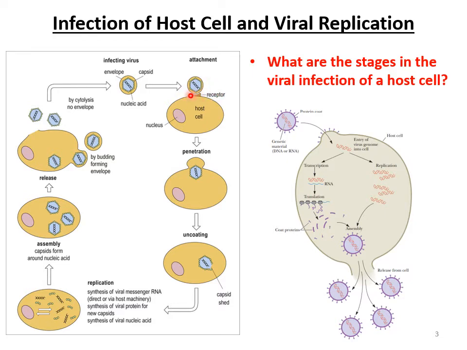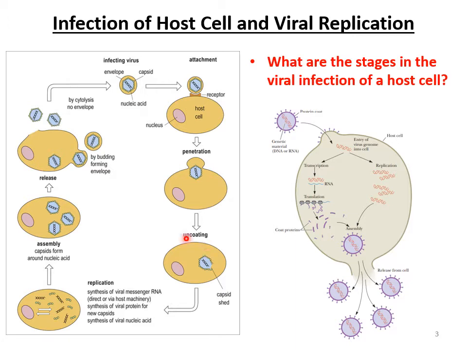Once it's attached to that host cell, the next thing it's going to want to do is penetrate into that host cell, and that can include an uncoating phase. Once it has merged with the outer membrane of that host cell and popped into that cell, it's going to lose its outer protein capsid, or its protein shell.